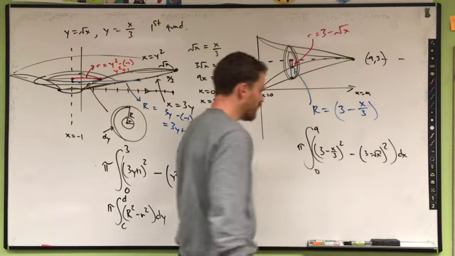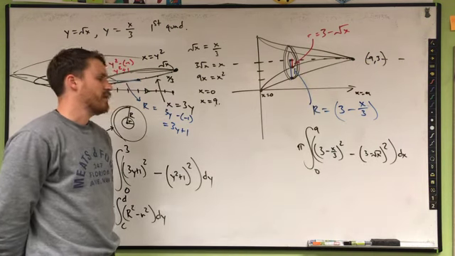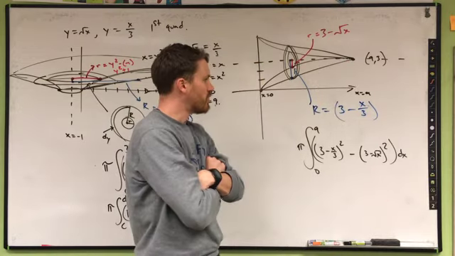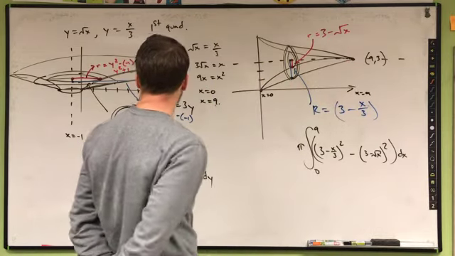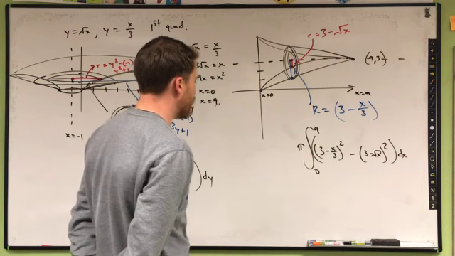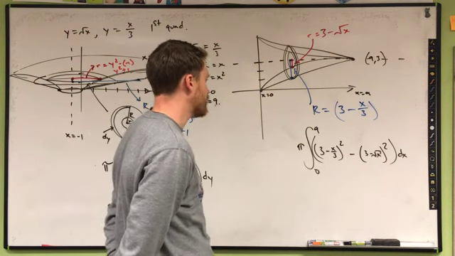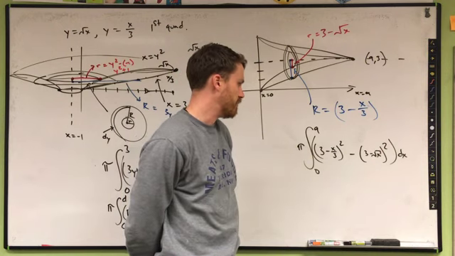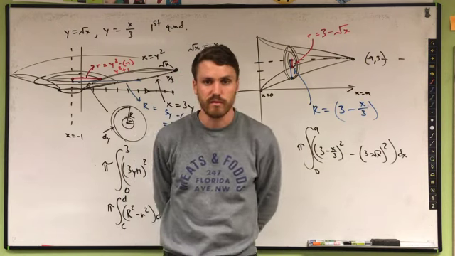So that's about as bad as it gets. I guess these problems can get a little bit worse if you have to find a weird intersection point, but that pretty much takes care of some of these nasty volumes of revolution when you've got two functions that are being revolved around a strange axis. So that should take care of it.